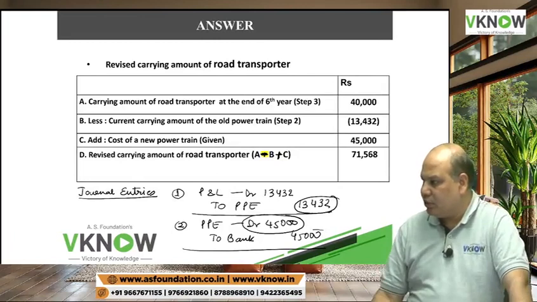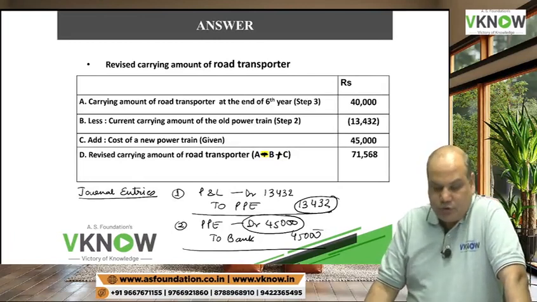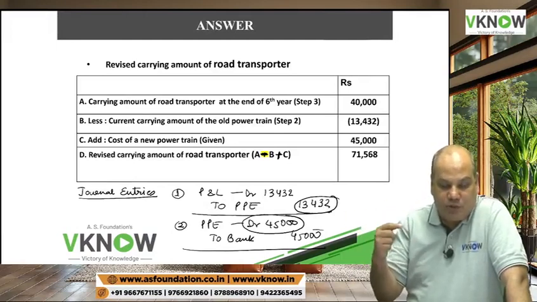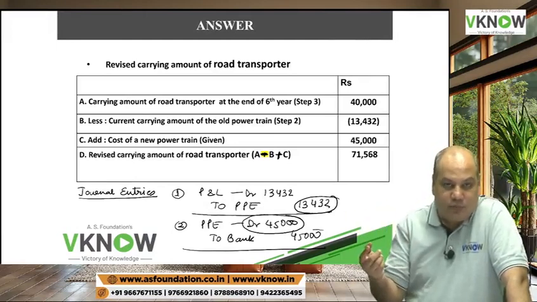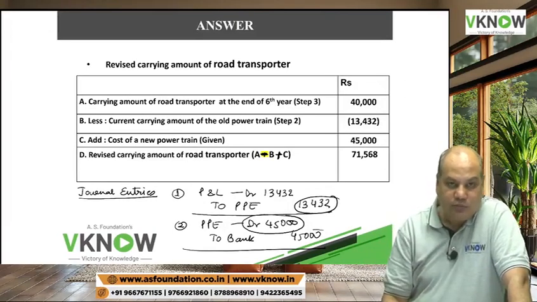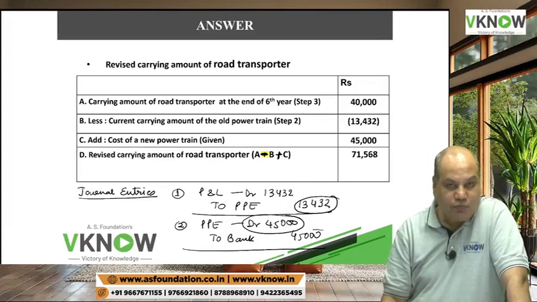This is how companies record the replacement of a part of an asset. This is something you have not studied earlier, either in your 11th, 12th, foundation, BCom, MCom, or PhD.